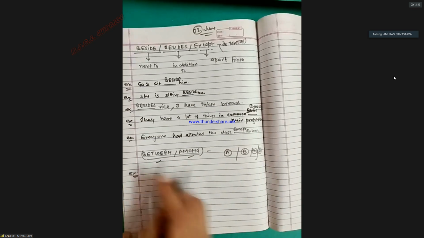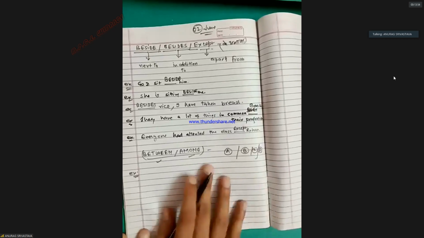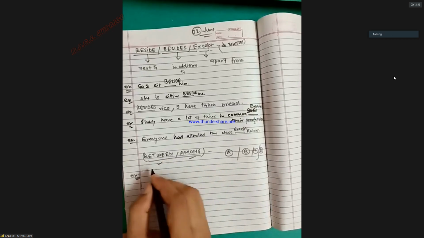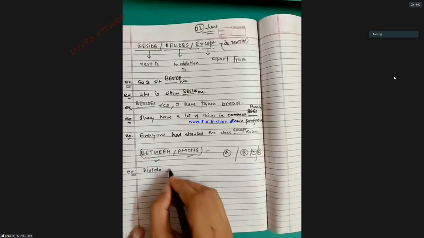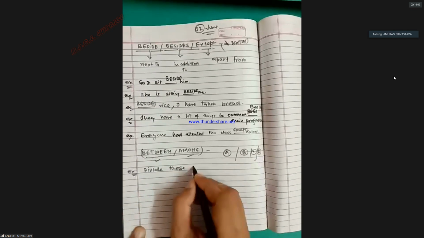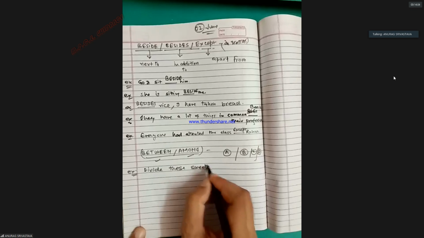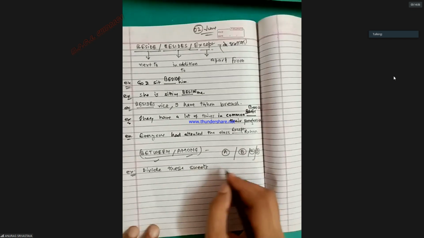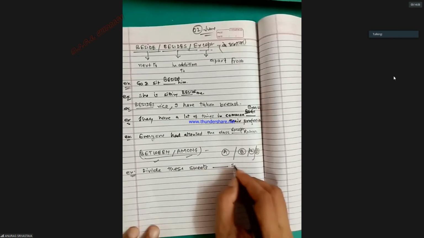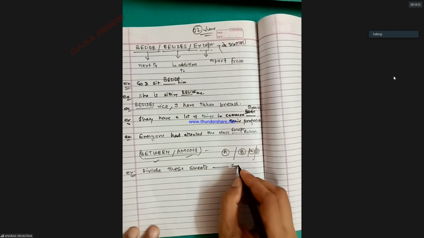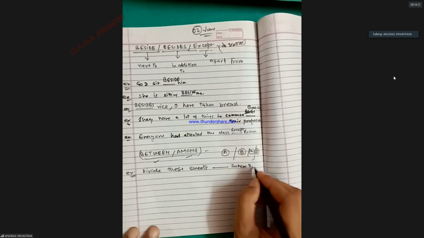So the first example is: divide these sweets filler Sohan and Mohan.